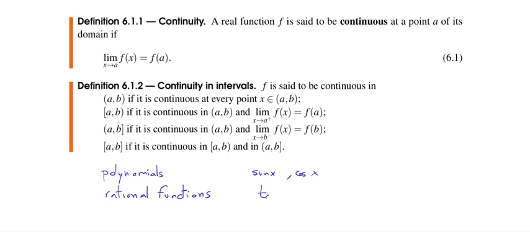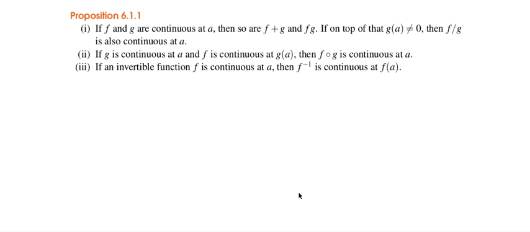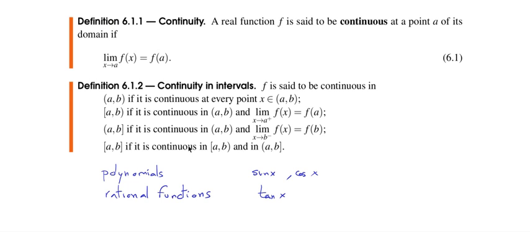The tangent of x, because it's a fraction of continuous functions, is also continuous, except where it's not defined, right? Except at the odd multiples of pi over 2 where it has an asymptote. The same with the cotangent.